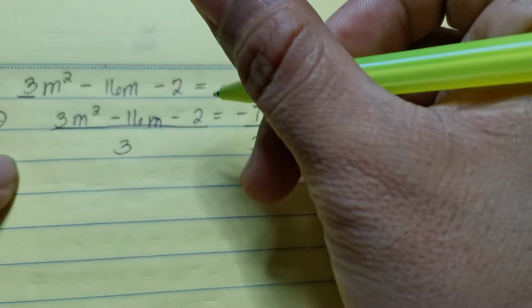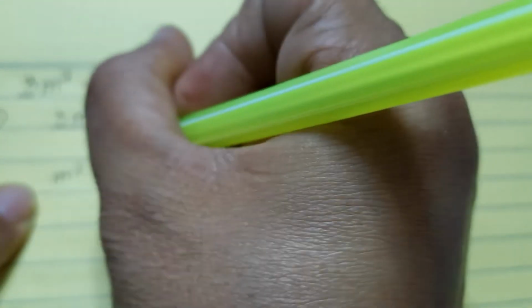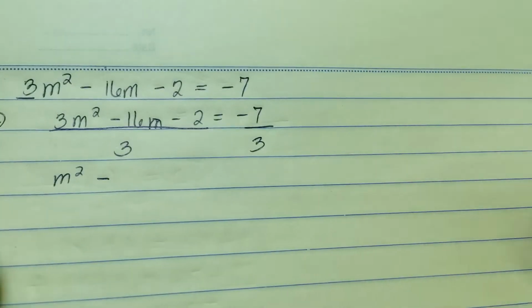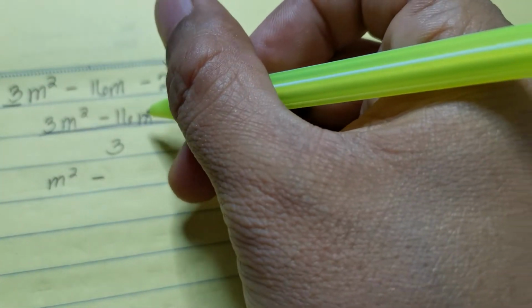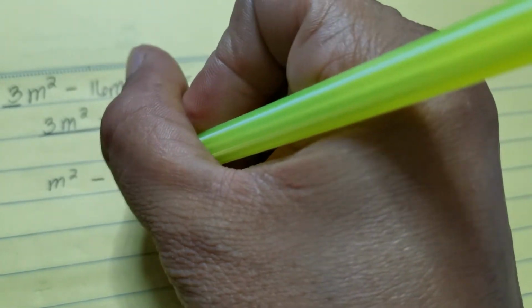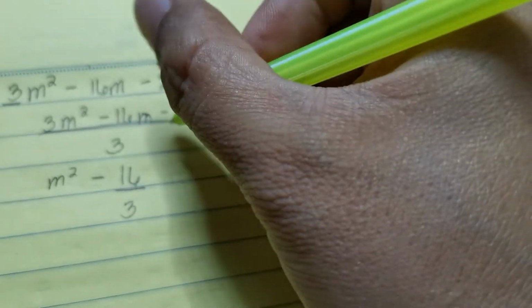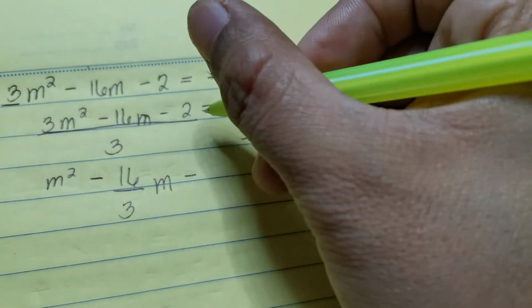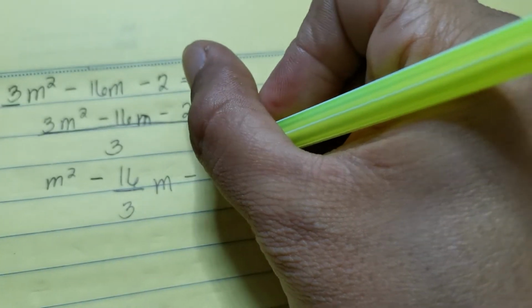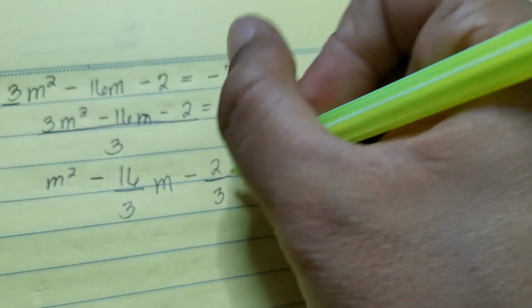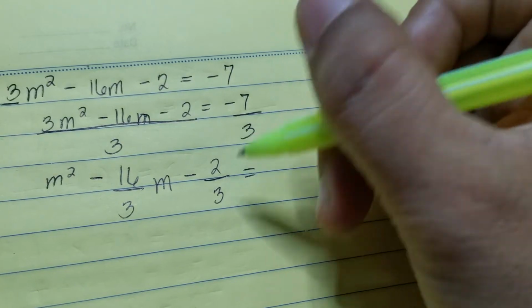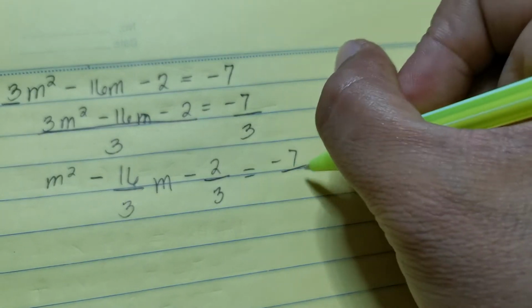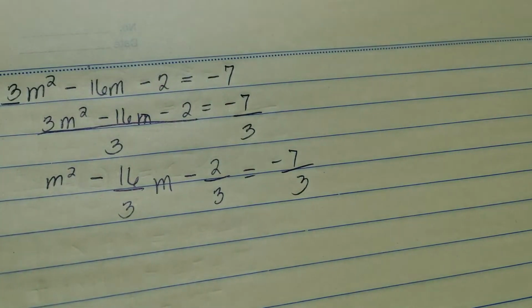The result is 3m squared divided by 3 is m squared, minus 16m divided by 3 is 16 over 3m, minus negative 2 divided by 3 is 2 over 3, equals negative 7 over 3.